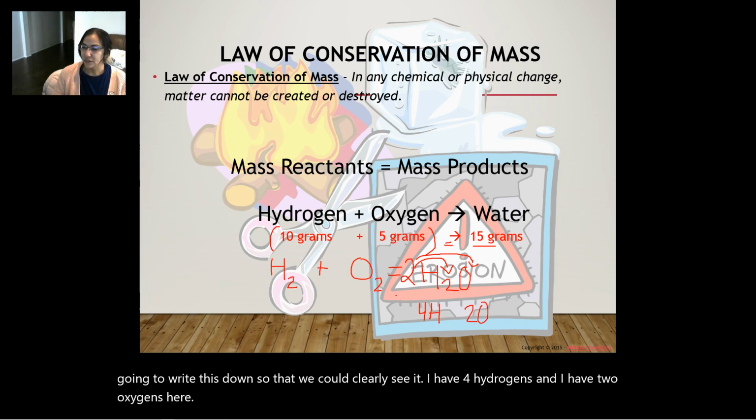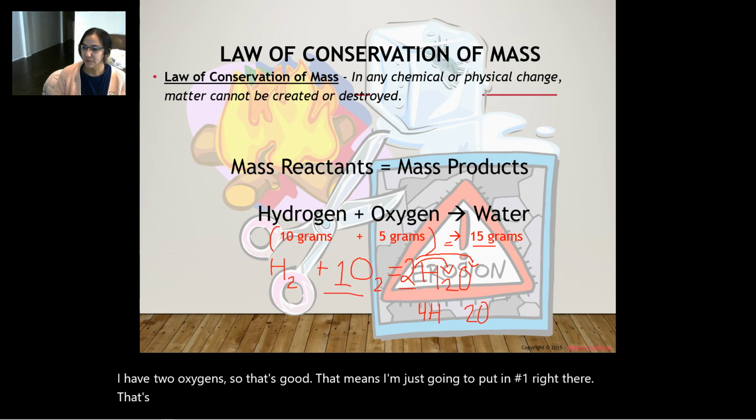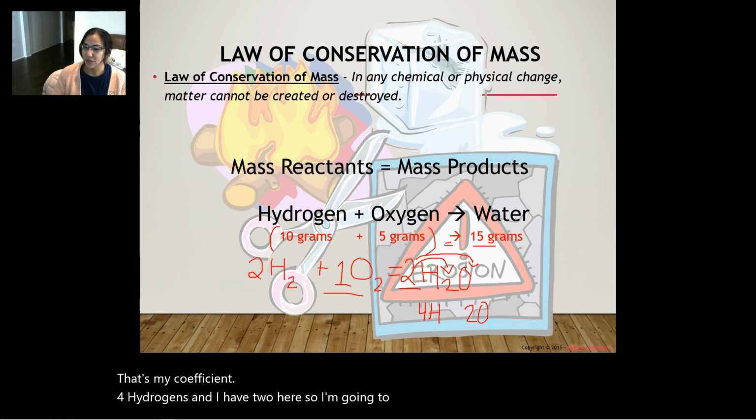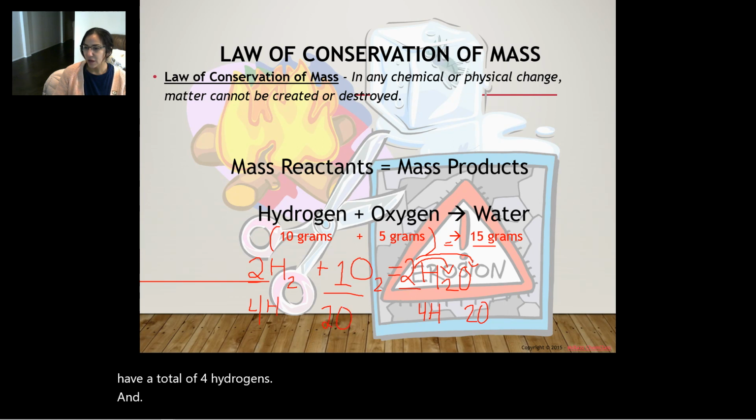I have 2 oxygens, so that's good. That means I'm just going to put a number 1 right there as my coefficient. I have 4 hydrogens, and I have 2 here, so I'm going to put a number 2 there as my coefficient. So now I have a total of 4 hydrogens and 2 oxygens.